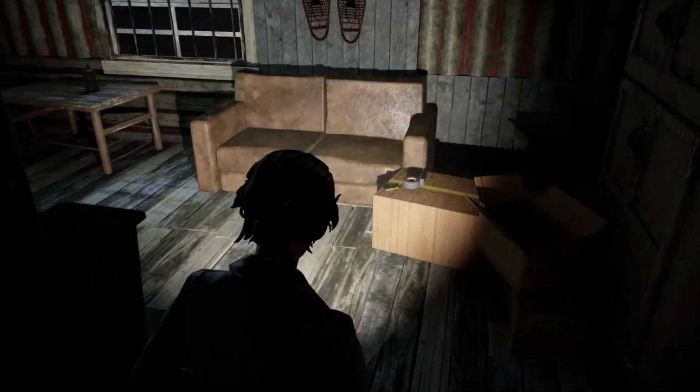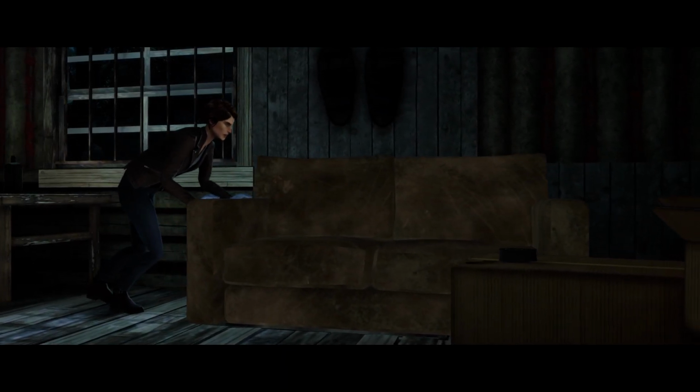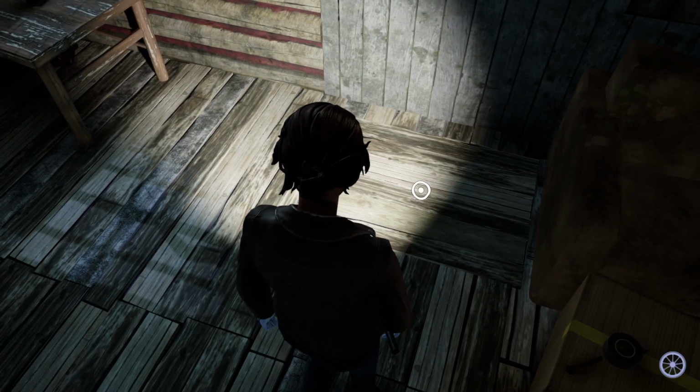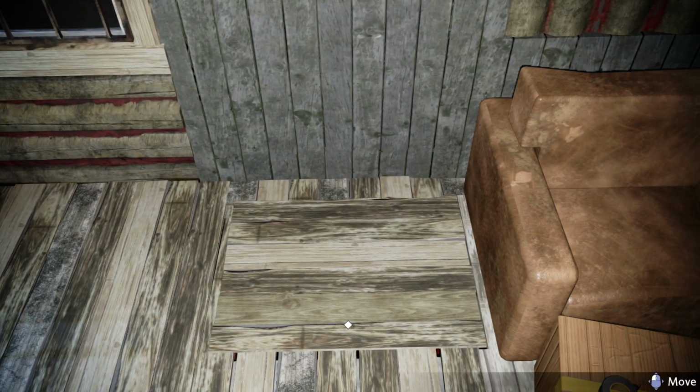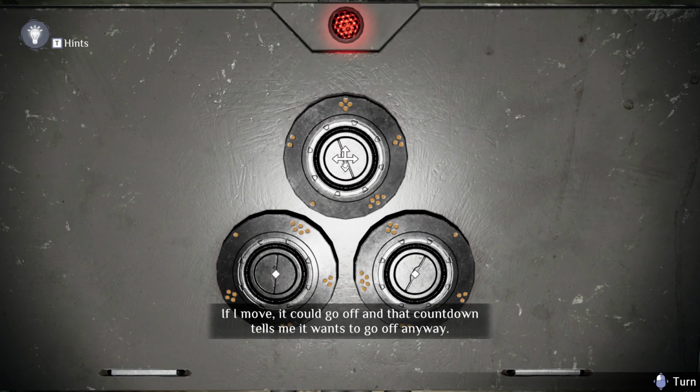So let's try to move the sofa if we can. There should be a trapdoor, yep. Damn, it's booby-trapped. If I move, it could go off, and that countdown tells me it wants to go off anyway.